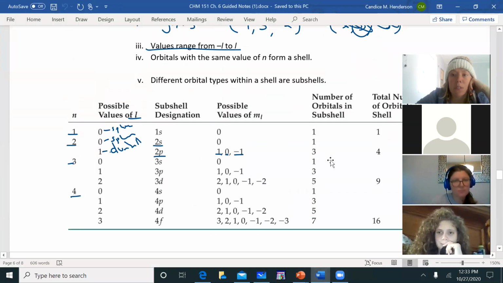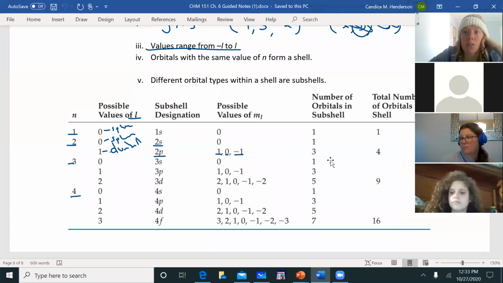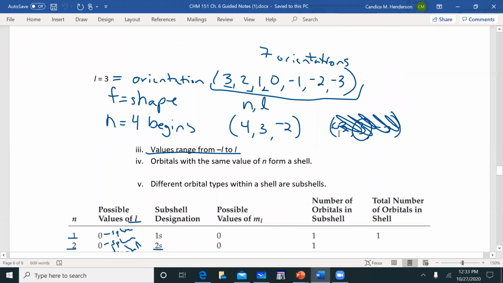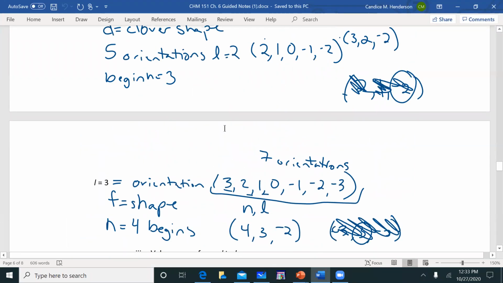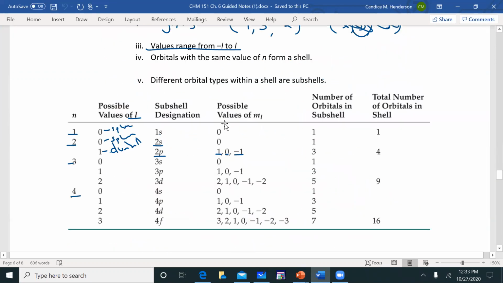So we left off talking about quantum numbers and how they help us describe our orbitals, and that there are three numbers. The first number is your n value.